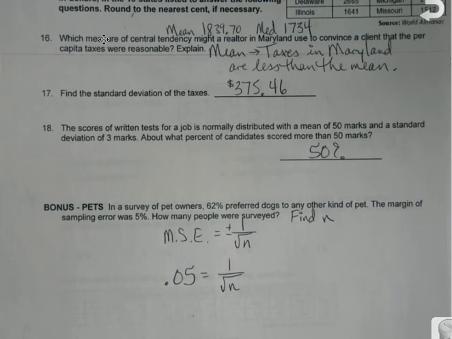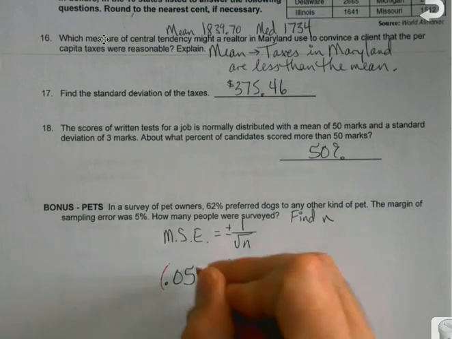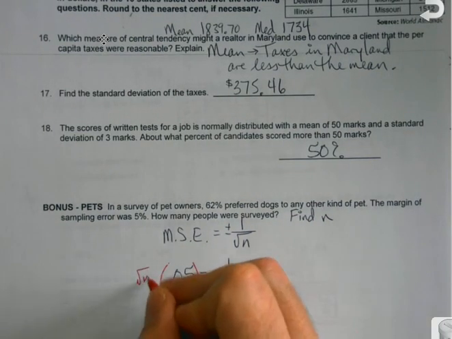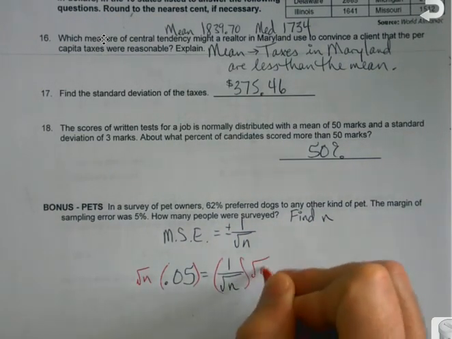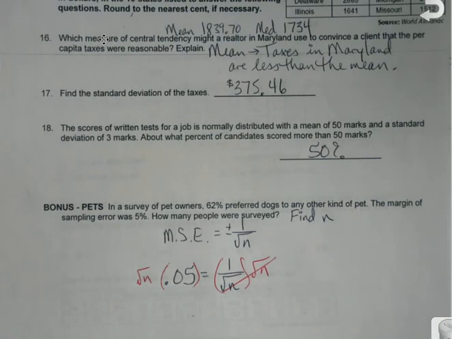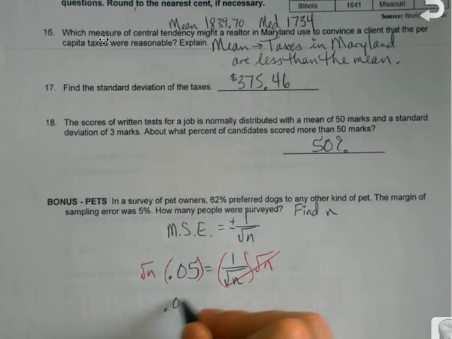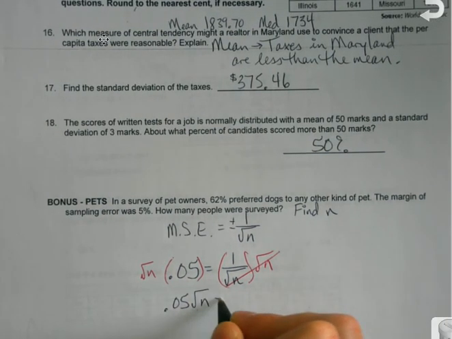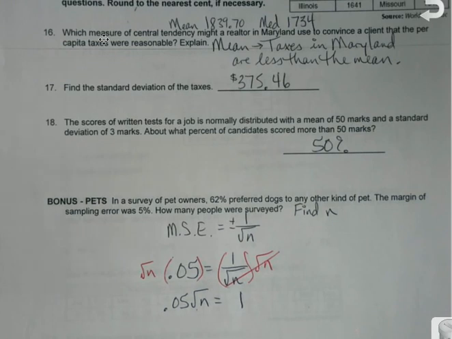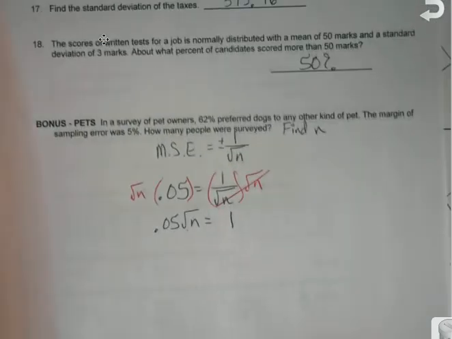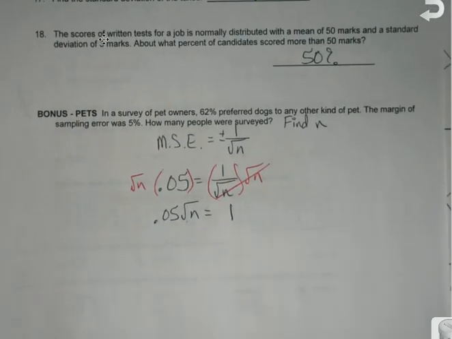By what? I heard multiplying. Multiply both sides by whatever that denominator is I want to get taken care of. Because then over here, those go away, so it's not in the denominator anymore. We're getting there. Okay, so now n's not in the denominator anymore. That's good.